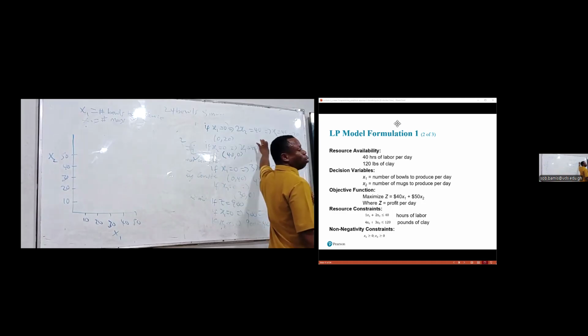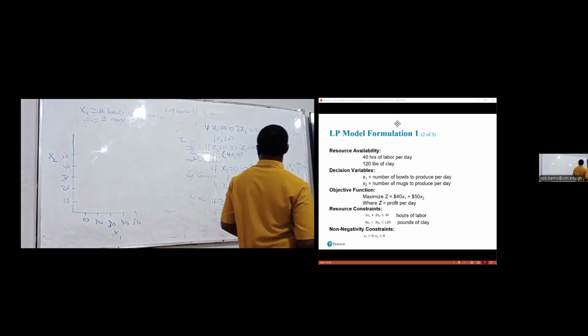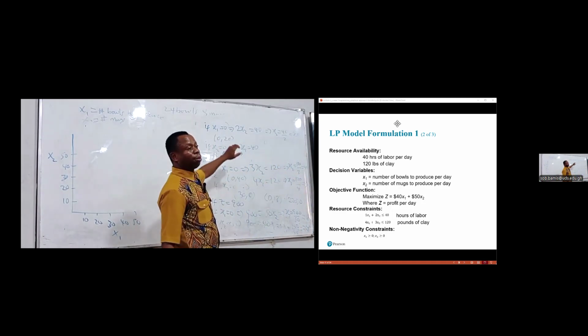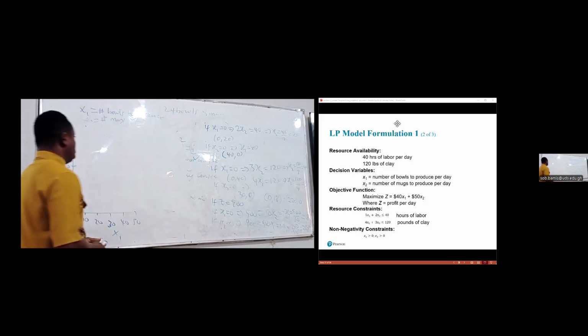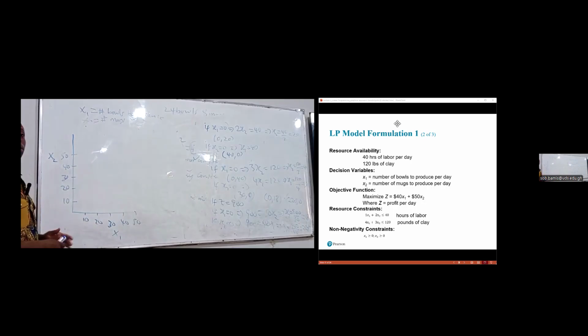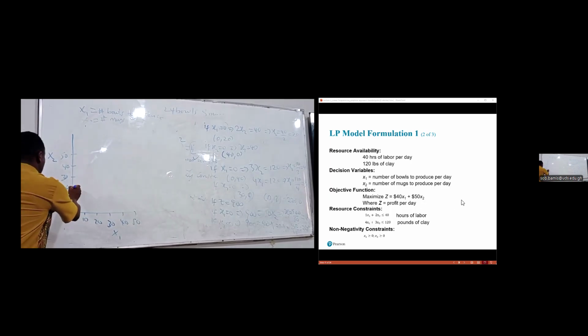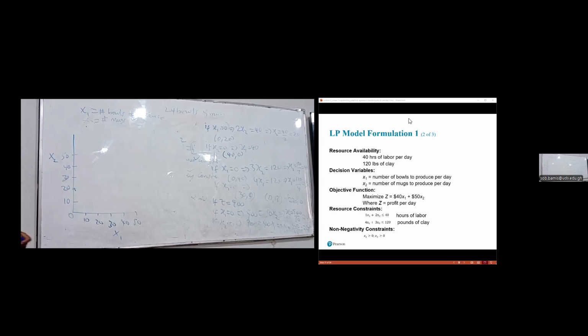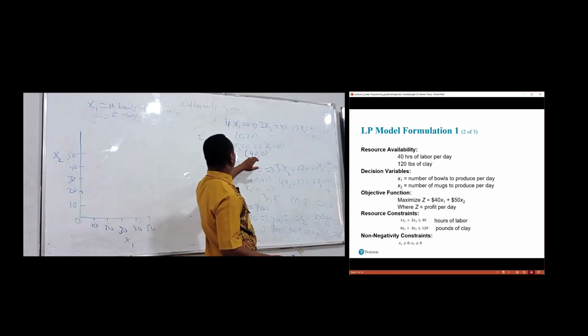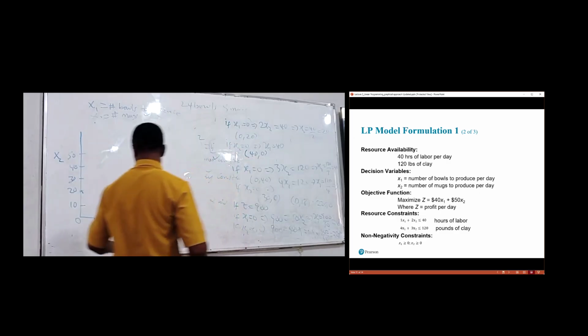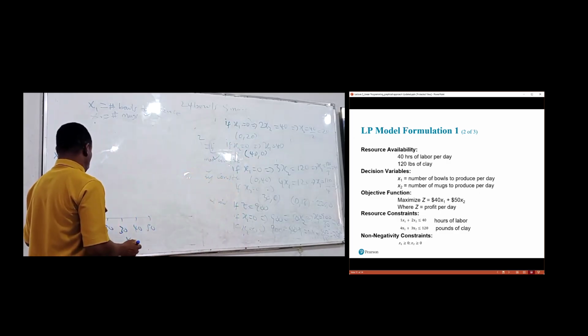Let's start with the labor constraint. What were the coordinates? 0, 20. It means x1 is 0 and x2 is 20, so I mark this point. The second point is 40, 0: x1 is 40, x2 is 0.